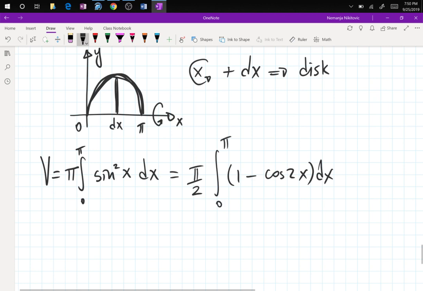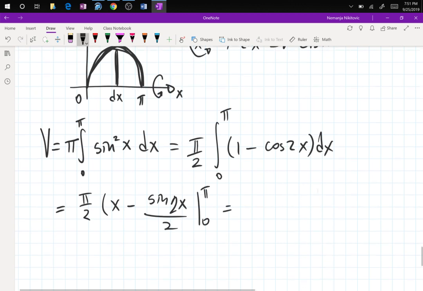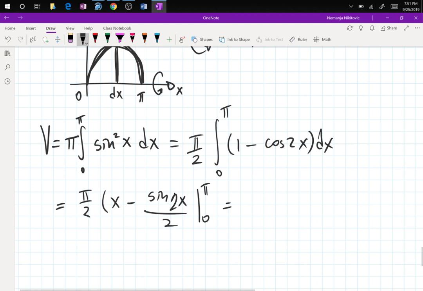From 0 to pi, and from here, you just compute. So this is not something special. So when you plug in pi, we get pi squared over 2, right?